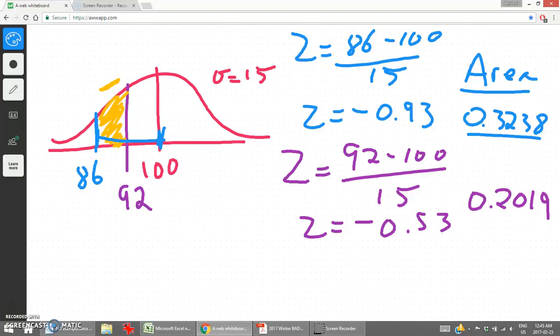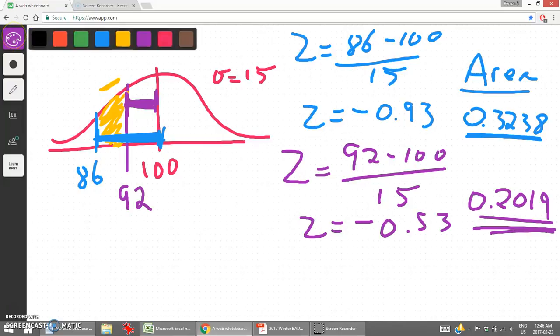So this area here equals 0.3238. Change to purple, 0.2019 corresponds from this mark to the middle. So that is 0.2019. The 0.2019, or z value of 0.53, is included in the area colored in blue.